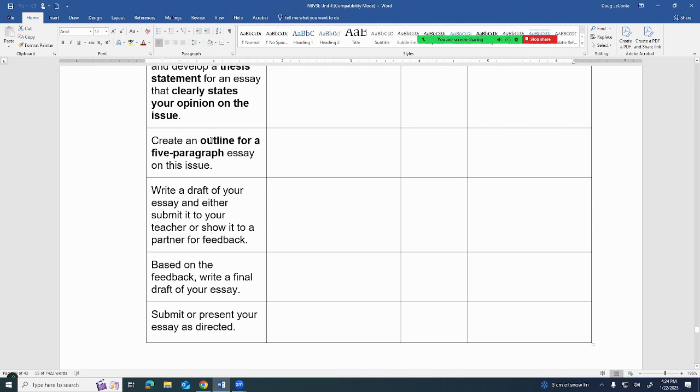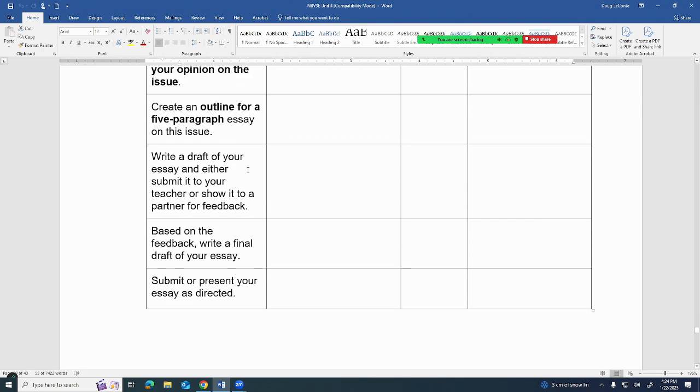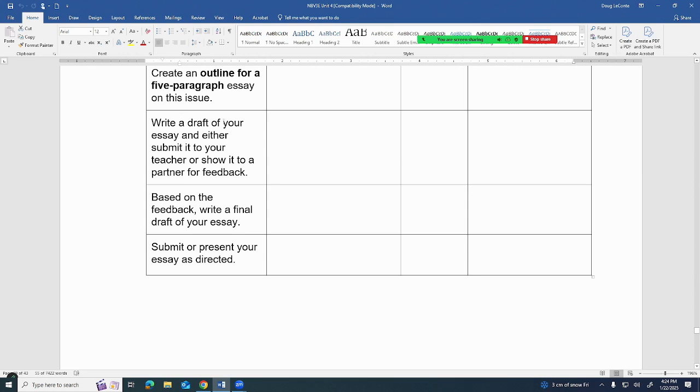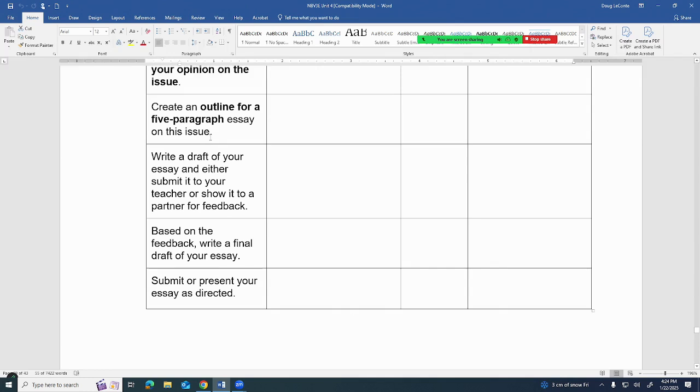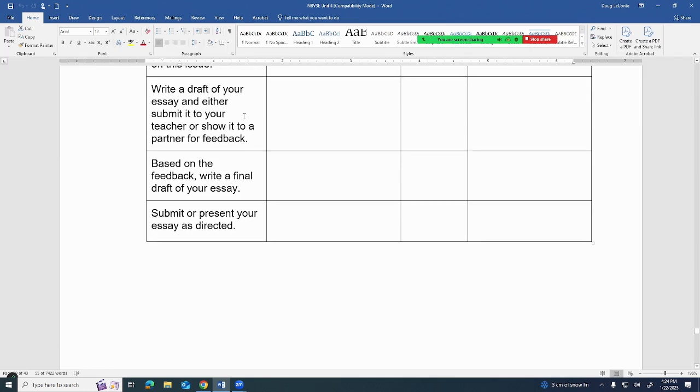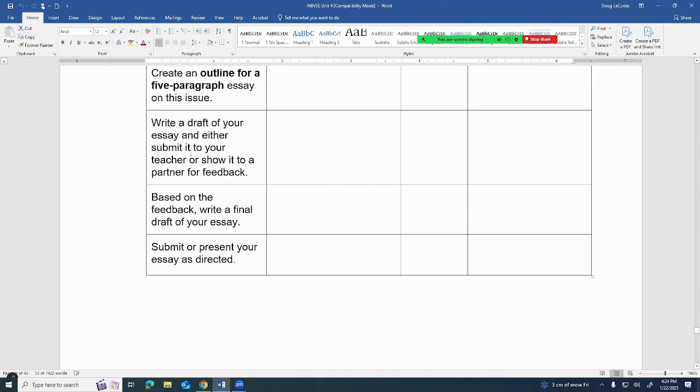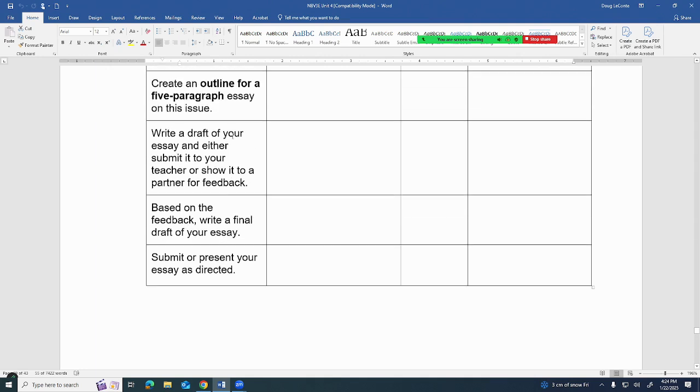That is creating an outline, and then writing a draft of your essay and either submitting it to your teacher or showing it to a partner for feedback. And we continue on with the writer's process with what we call revision, right? So the draft, we get someone else to look at it. Your teacher is a good option here because they can really pinpoint anything that needs to be fixed. Or you can have a partner or a peer do it as well.